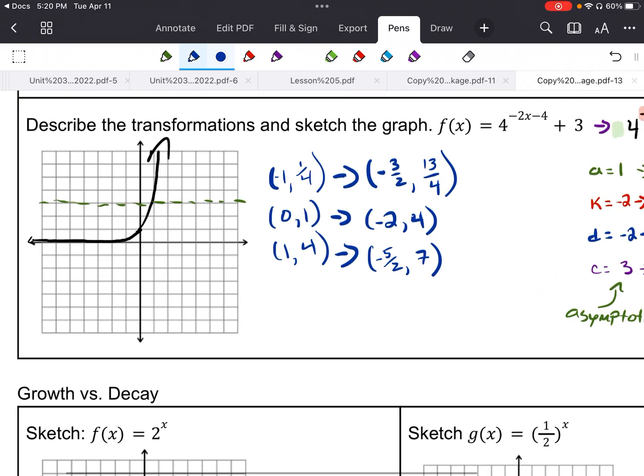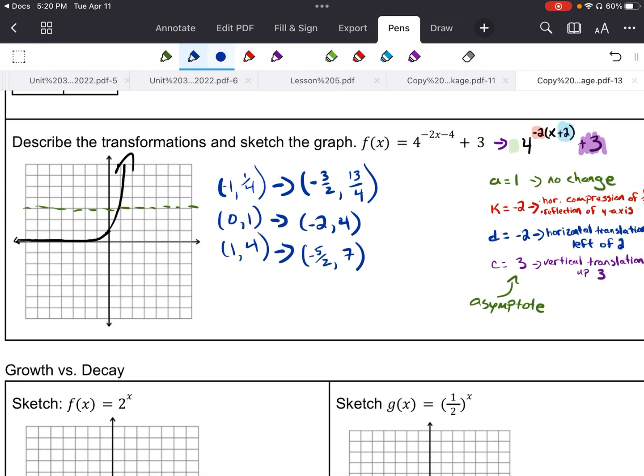Okay, I know I'm skipping that, but this is a pretty dull lesson, so I'm just trying to get through it here, and we've looked at the mapping process before. So -1.5 up 3 1/4, -2 is up 4, and -2.5 up 7. So we have a curve that looks like this.